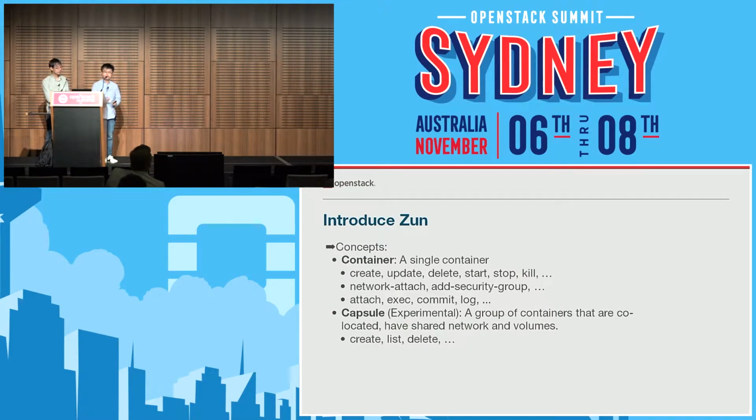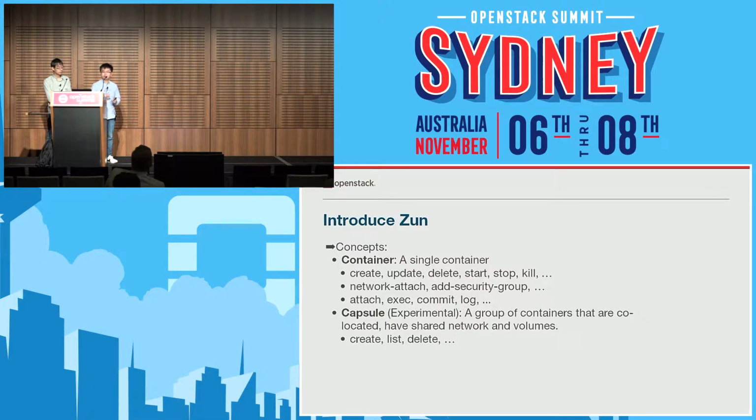So in Zun, the key concept is the container. It represents a single container, and you can create, update, delete, and stop a container. And there's a set of operations related to networks.